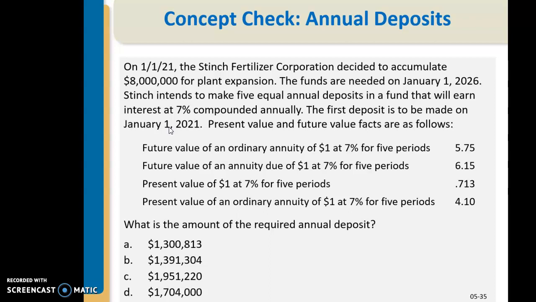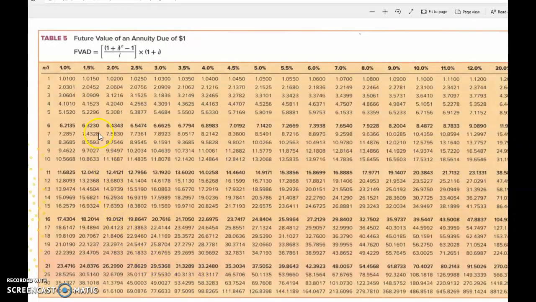So if we look at table 5 and read row 5 across for 5 years, n equals 5, table 5, n equals 5, and read it across until it intersects with 7%. We get a 6.1533 factor.